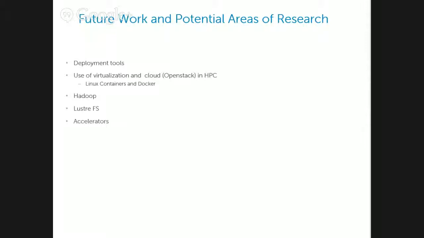Hadoop, and I listed Hadoop, but I should have said big data, because Hadoop is not the only big data technology. There are other techniques being used in big data. But how can we marry HPC and big data technologies? Hadoop is one specific example.